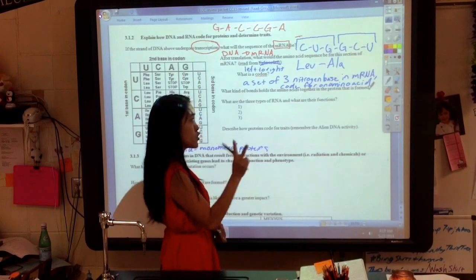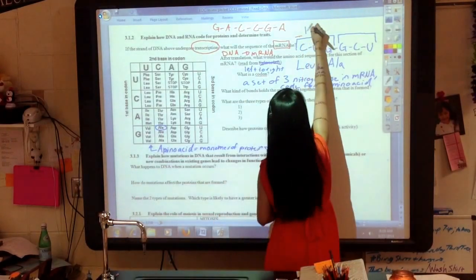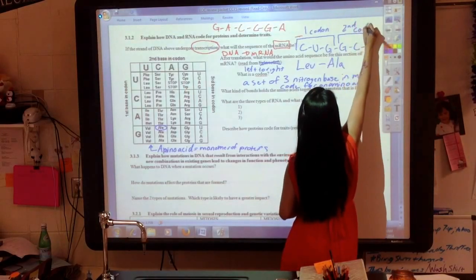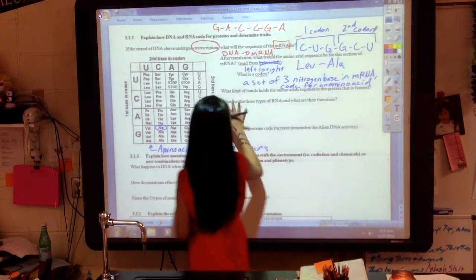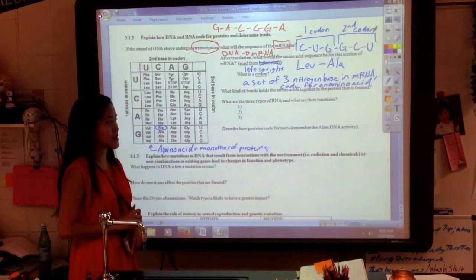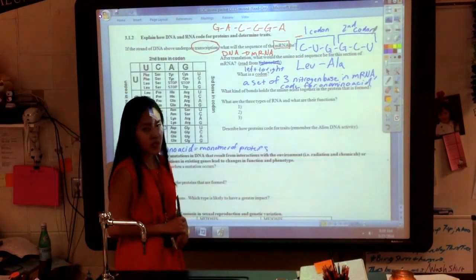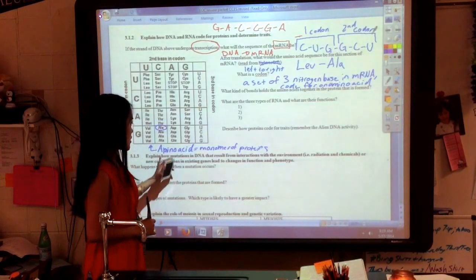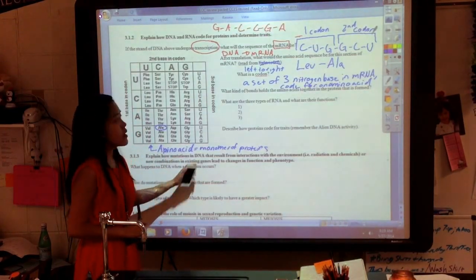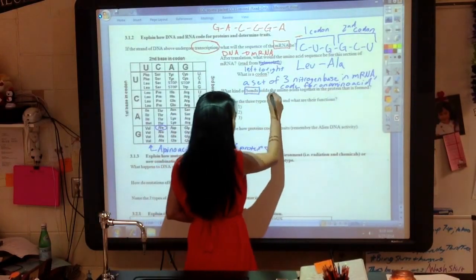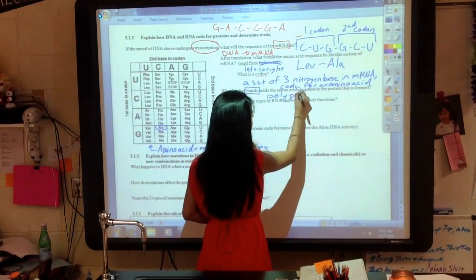We actually code for 2. So here's one codon. Here's our second codon. And then it says what kind of bonds hold the amino acids together in the protein that is formed. Now a protein is a polymer of amino acids. And the type of bond that holds it together, we've seen once before, is a polypeptide.